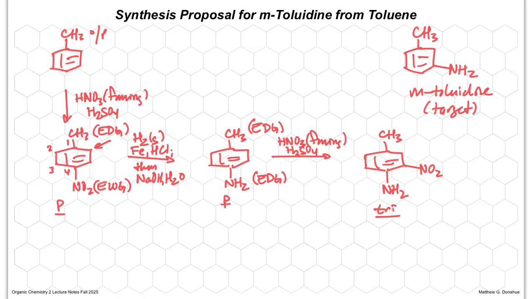Fortunately for us, the amino group and the nitro group are at different oxidation states. So we know conditions that will specifically target them without reacting with both. So we're going to use the fact that they're differentiated to act upon the amino group at this point. We don't want to do anything with the nitro at this time.